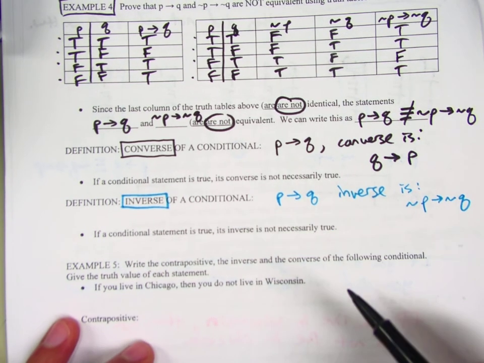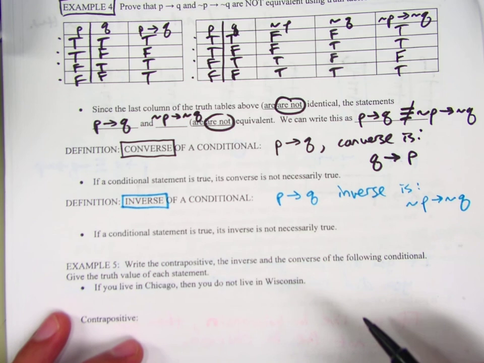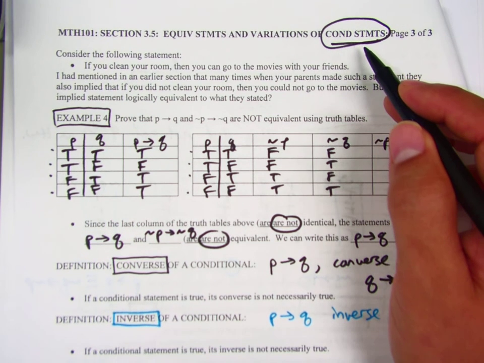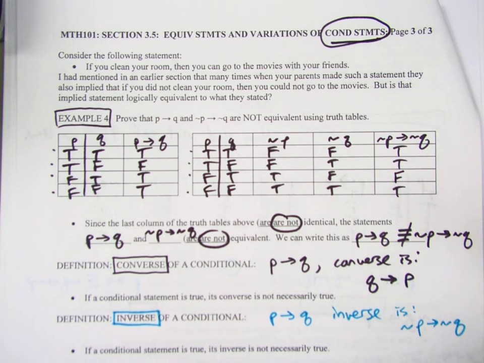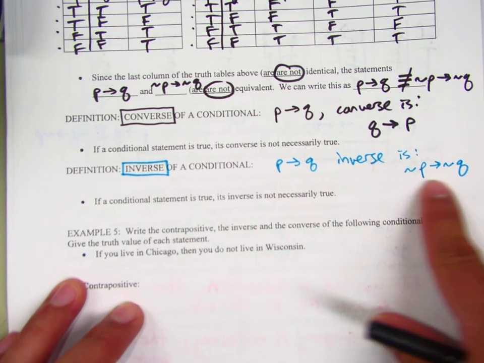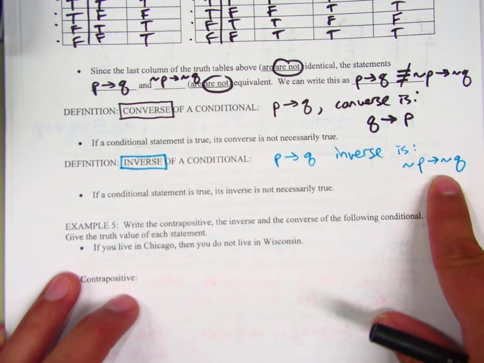So all of these sentences that we've learned today, all these equivalent statements, they're all based off of the conditional statement. This is all we're looking at today, conditional statements. One out of the three is always the same, the contrapositive. The converse, not necessarily the same. And the inverse, not necessarily the same. Okay?